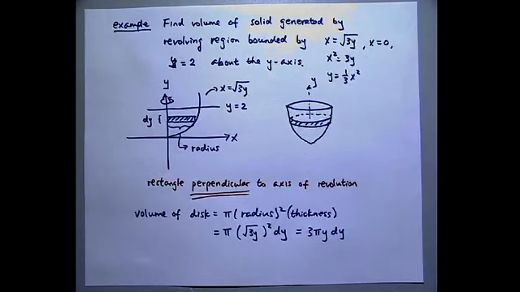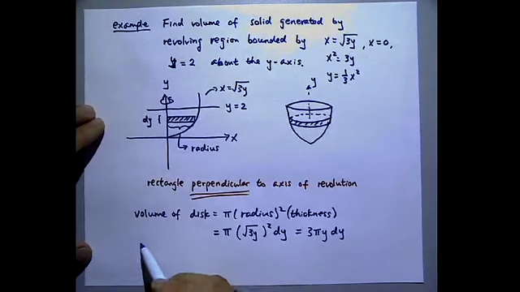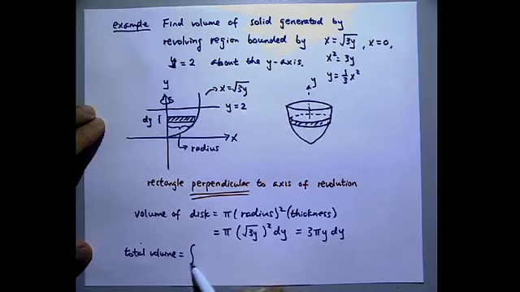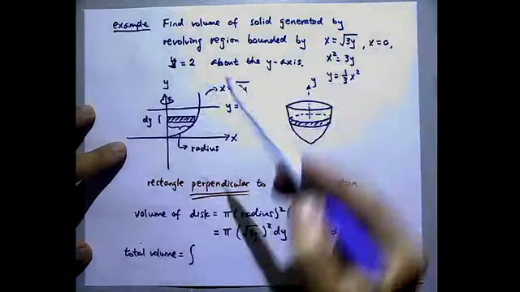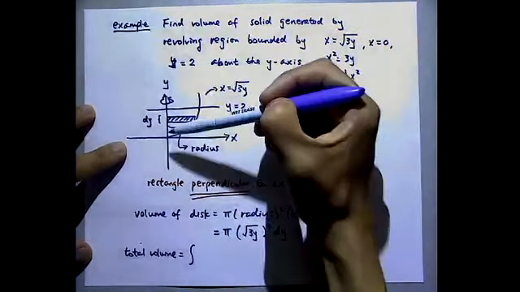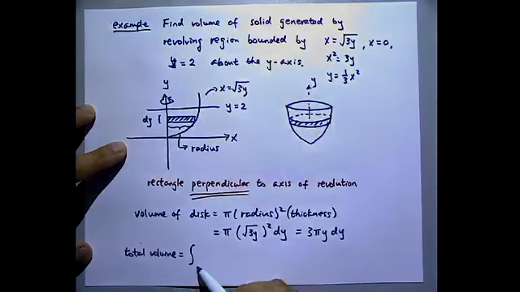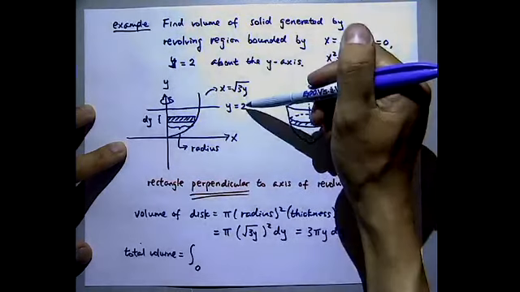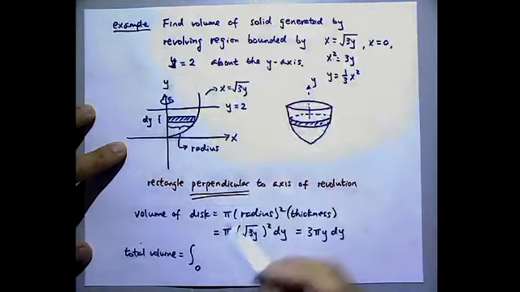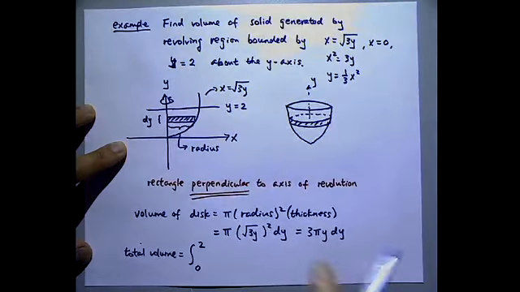We want the whole thing. Now we integrate. Because we're integrating in y now, we start at the bottom, 0, and we end at y is equal to 2. 3 pi y dy.